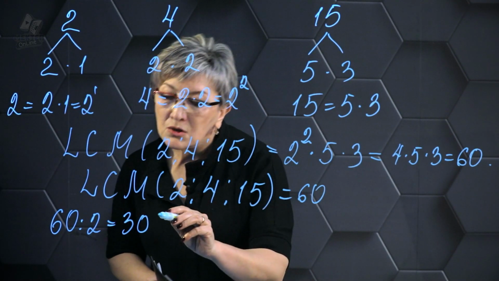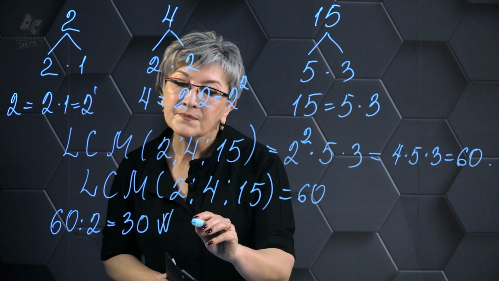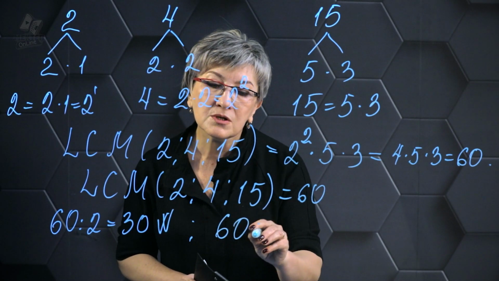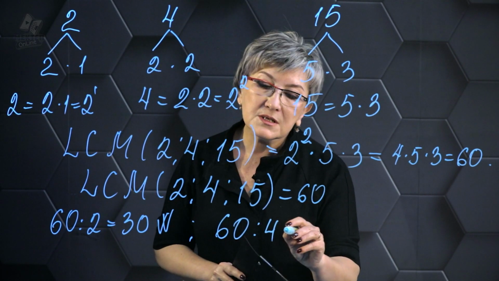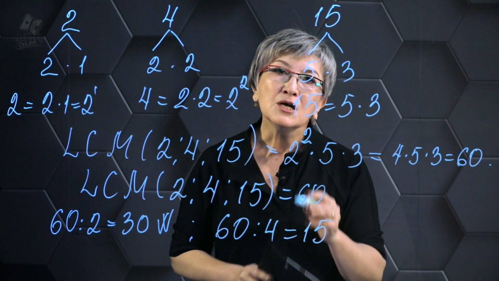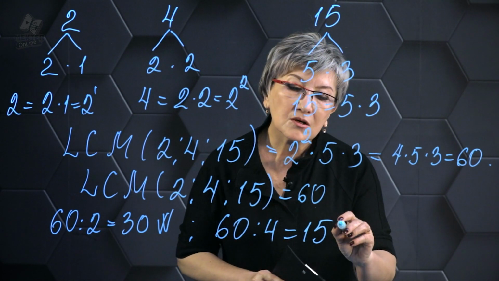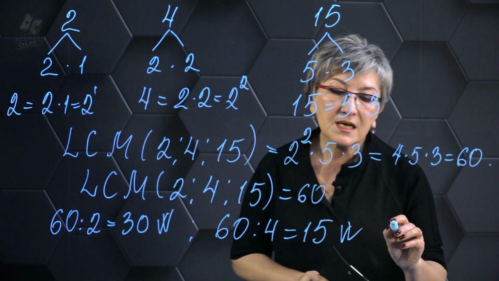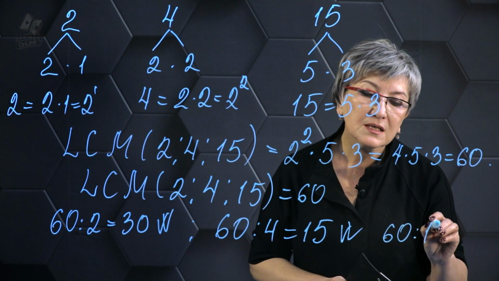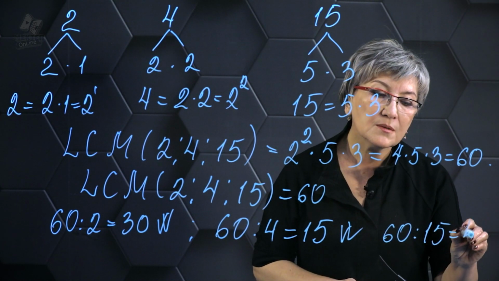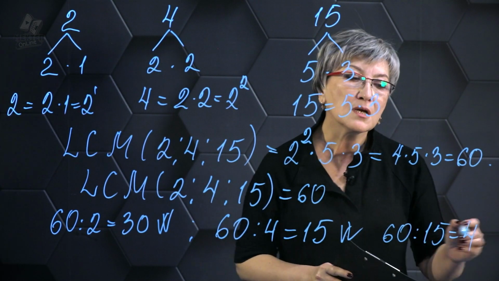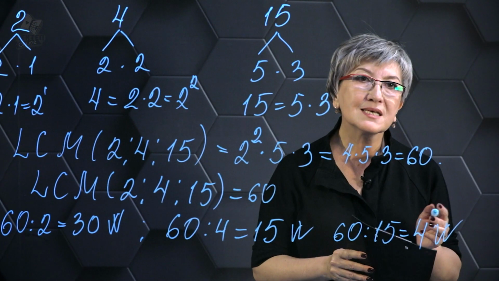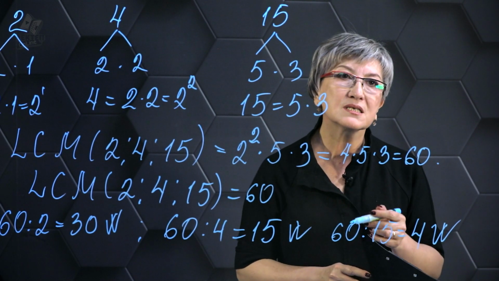Moving on to the next one, divide 60 by 4. We divide 60 by 4, that's 15. Good. Lastly, divide 60 by 15. I divide 60 by 15 and I get 4. And the number is divisible without a remainder.